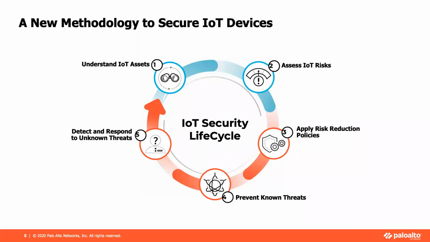Also, in an enterprise deployment, an enterprise environment, the other complication is many of these IoT devices don't necessarily belong to the IT team. They belong to other teams. You have unmanaged devices.